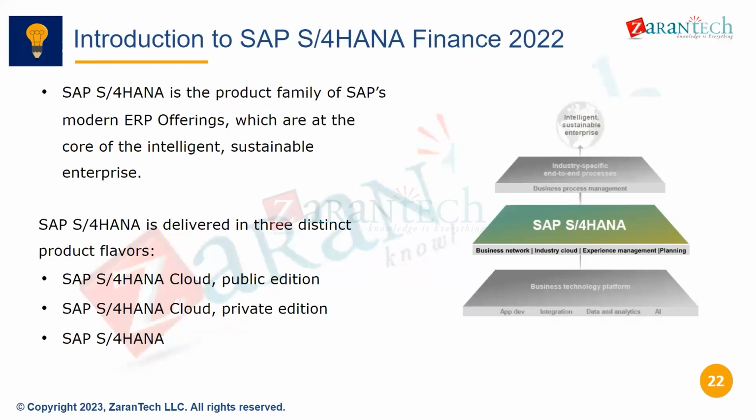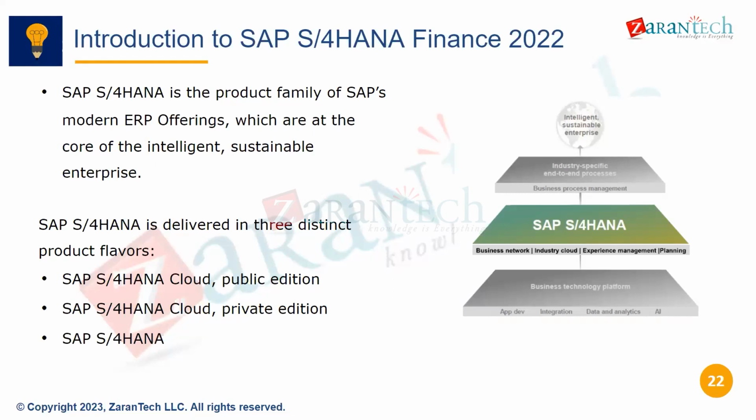So there are three distinct flavors. The cloud version and the on-premise version. In the cloud version, again, we have two: public edition and private edition. Public edition means the same server will be used by several clients, but they will have all the security measures. The access will not be provided to other users. But private edition means a separate server will be provided to one single client.